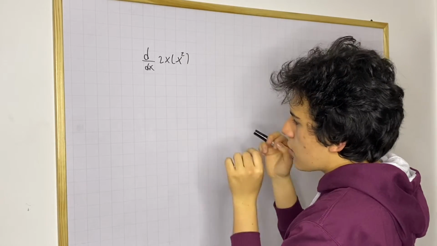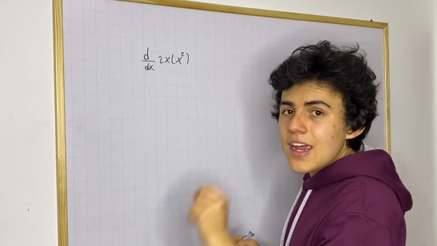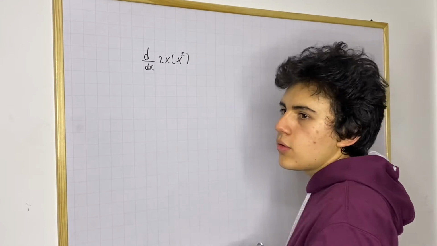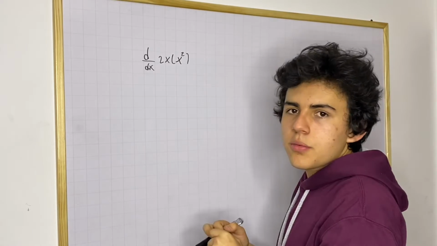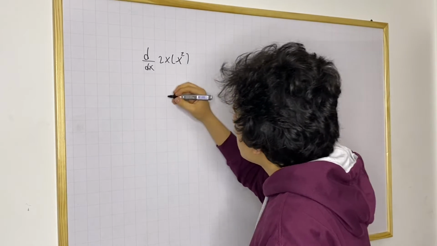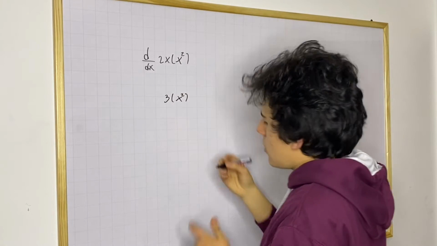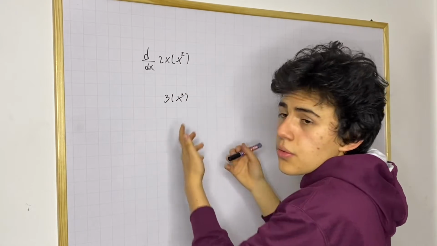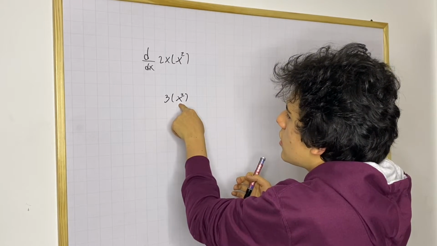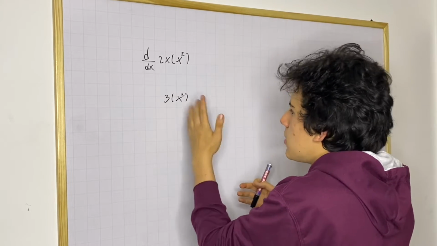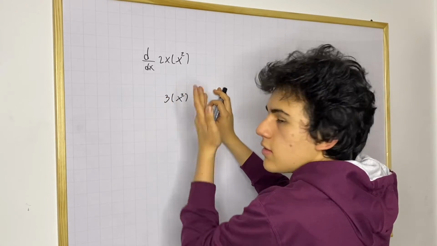Now, the product rule, first of all, something that you need to know is that you're going to use it every time that you have two terms in which you see an x being multiplied by each other. So for example, if we have 3 times x squared, in this case you wouldn't use the product rule, because 3 is not a variable.